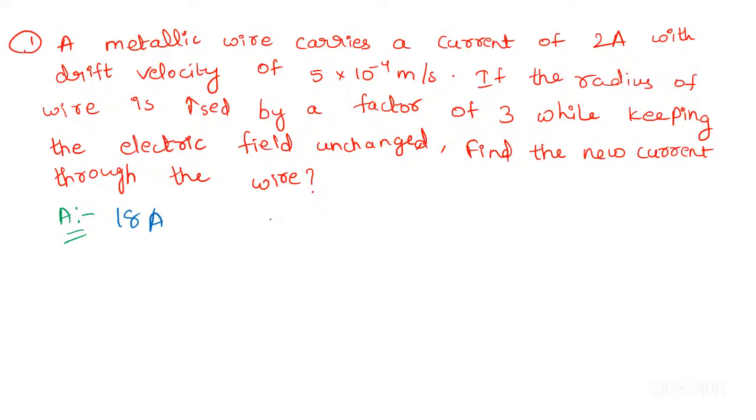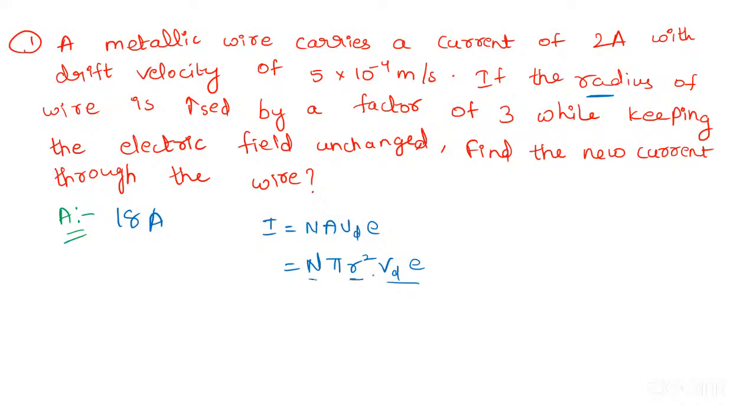Absolutely correct. In the previous slide I told you I is equal to NAVDE. Here A can be written in terms of radius, since they asked in terms of radius. So area of cross section is equal to pi r square, VD into E. All these things are constant.